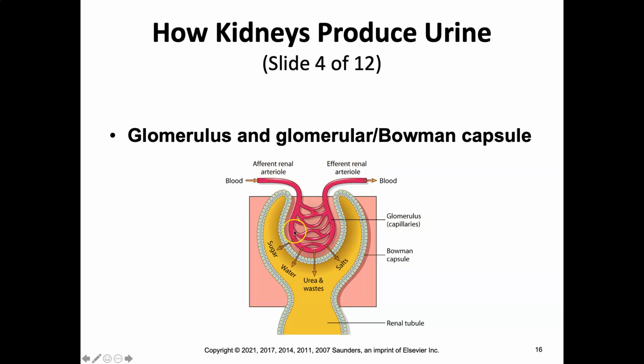So it comes in here, and this is this glomeruli, or glomerulus, where this is happening. And this structure here is your Bowman capsule. And you see this exchange where it's filtering out, pulling out sugar, water, urea, and waste, and salts. They're getting pulled out at this point. And then what's left heads back out and goes back into the blood system. And there's more to it than this, but this is the very beginning of the process. This is step one in the filtration process.